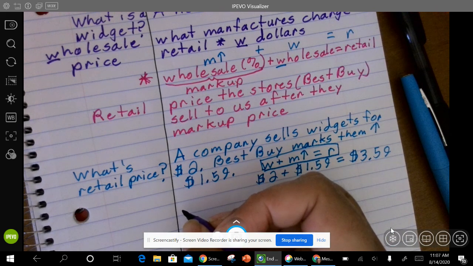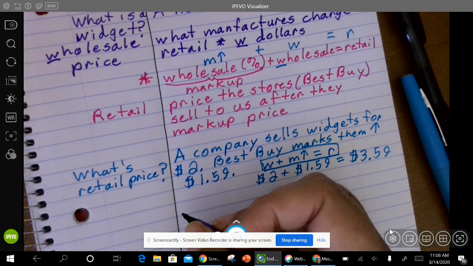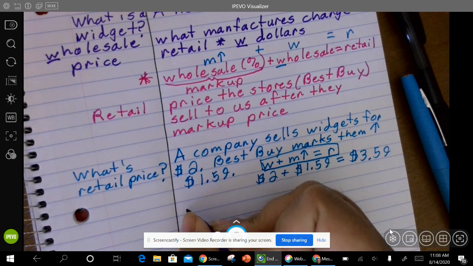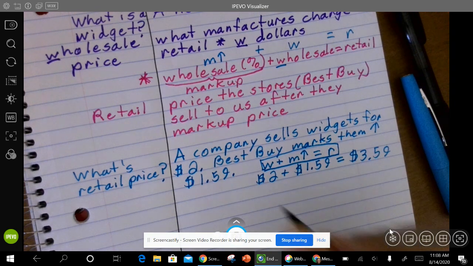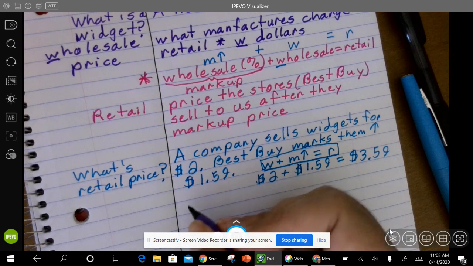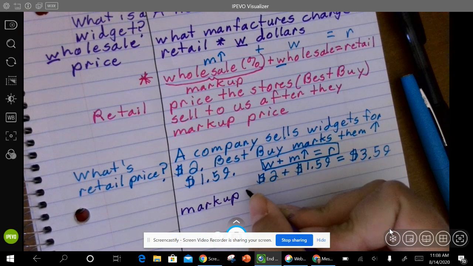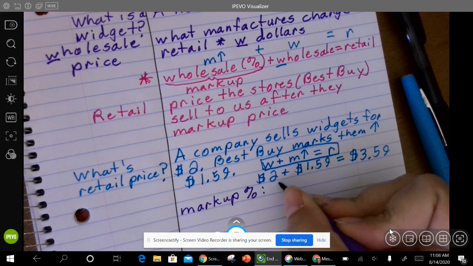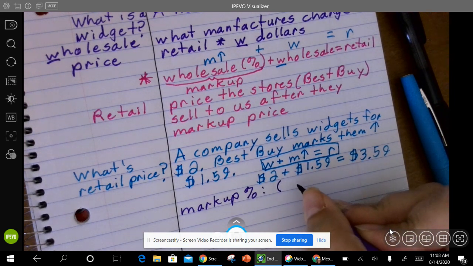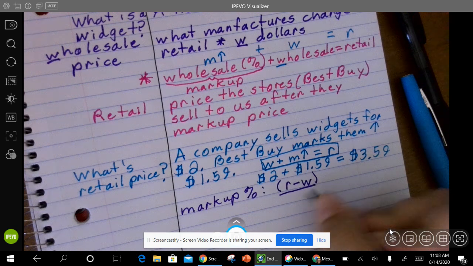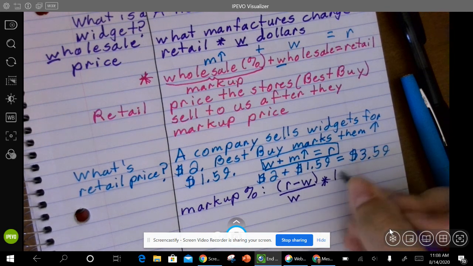Okay, so how we're going to find the markup percentage, everybody, it's going to be the difference, so it's going to be the retail minus the wholesale divided by the original, which is the wholesale, times 100.